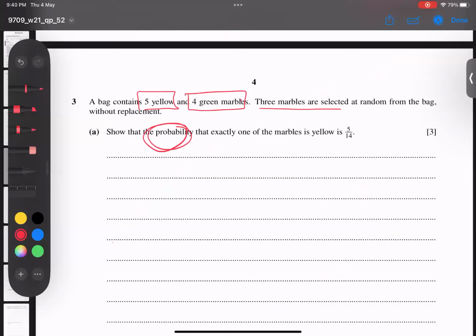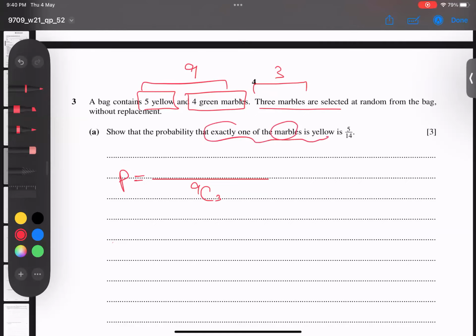Because we are talking about probability, the total options will go in the denominator. The total is 9 marbles and we have to select 3. So 9C3 will give you all options, with 3 selections. But the question says exactly 1 marble is yellow.